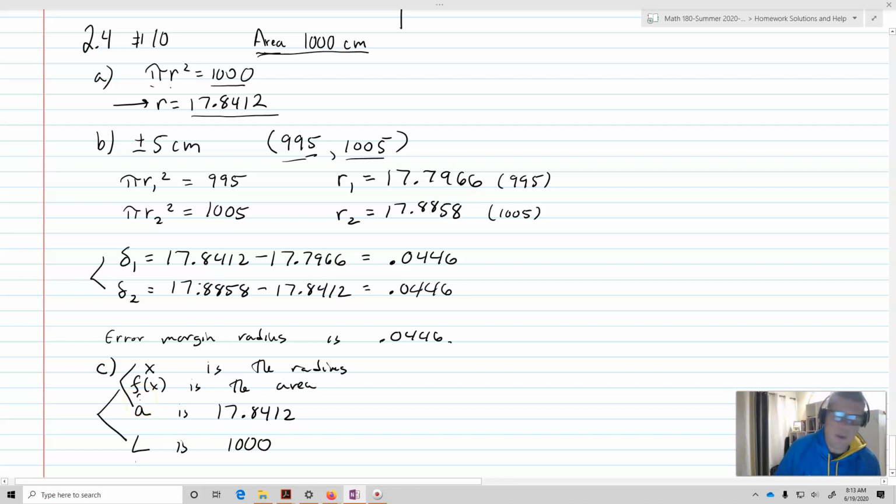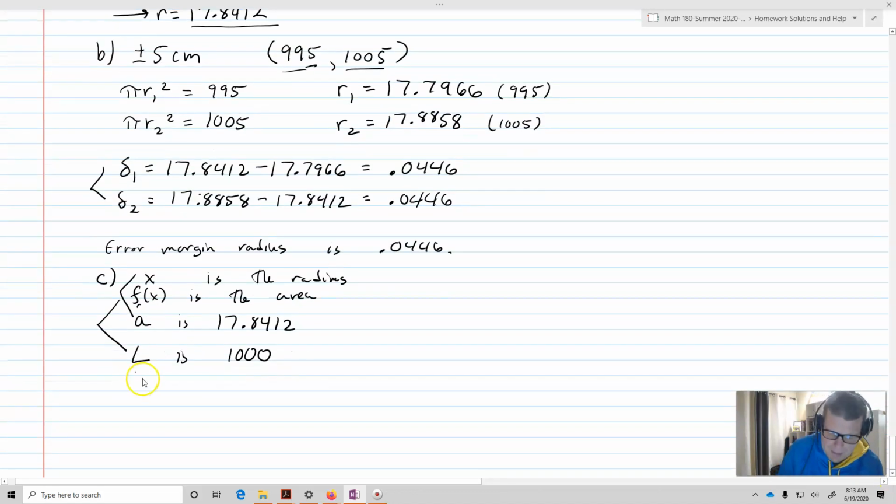And what is the value of epsilon given? Epsilon is 5. It's the difference in our f of x's. And then what is delta?